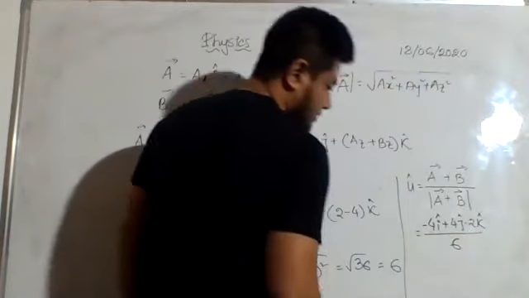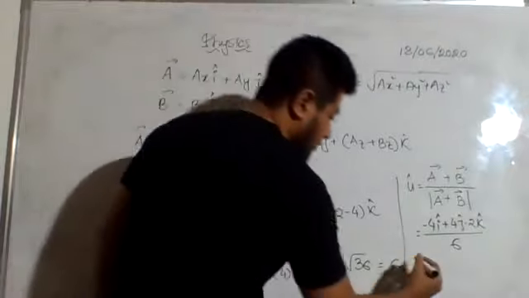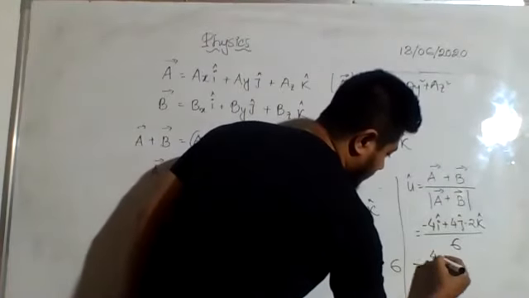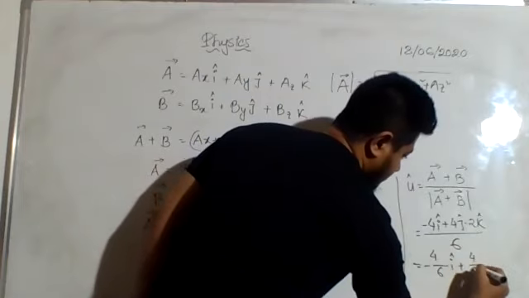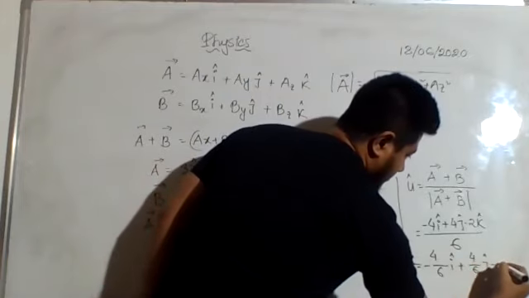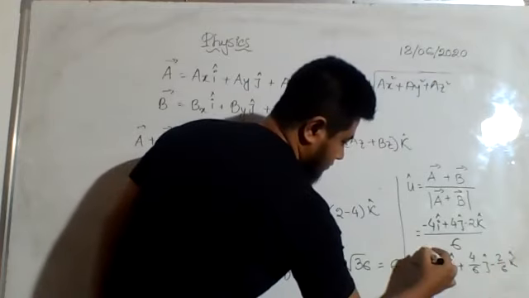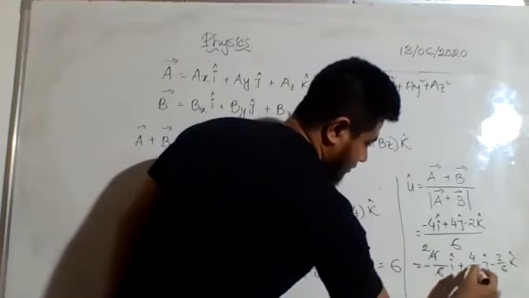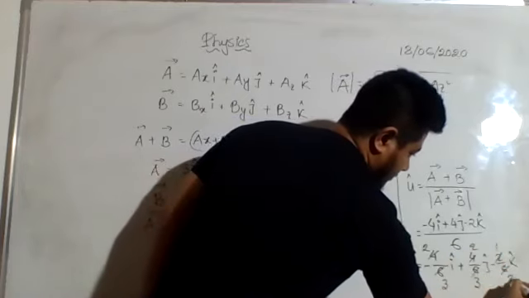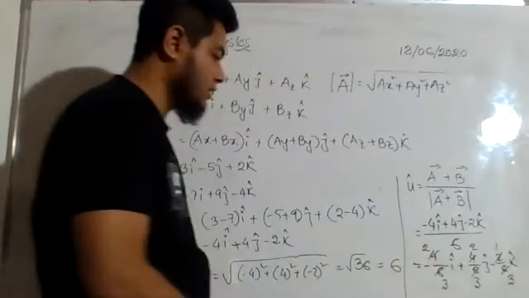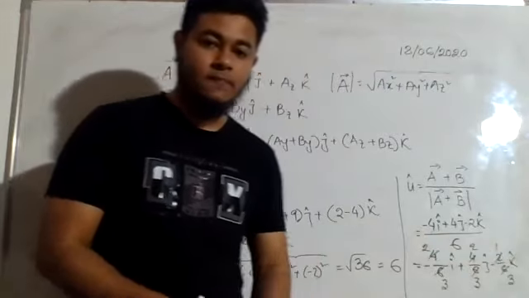Now from here, you can do further simplification. You can write minus 4 by 6 i plus 4 by 6 j minus 2 by 6 k. So 2, 3, 2, 3, 1, 3. Then you can write it will be minus 2 by 3 i plus 2 by 3 j minus 1 by 3 k.